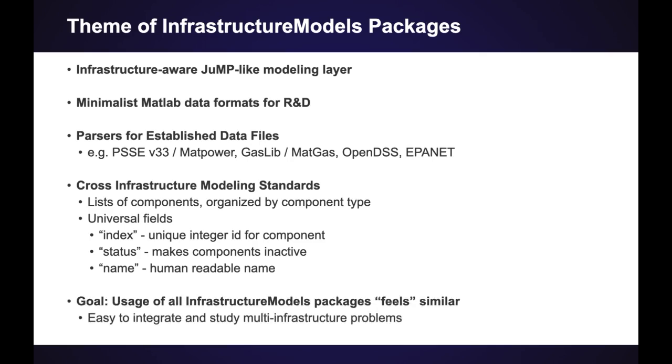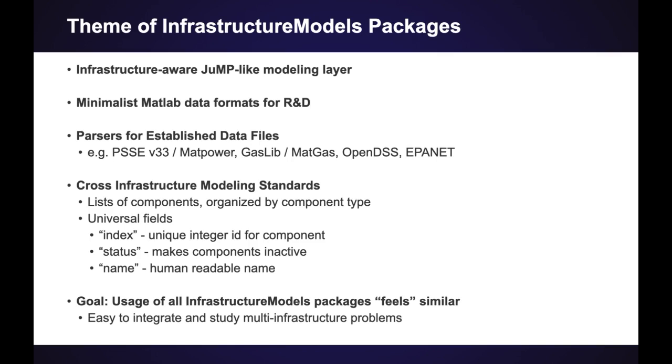And the goal here is that all of these packages independently on their own would feel very similar in how you use them. So that if you pick up one infrastructure sector in this ecosystem, it would be fairly easy to reuse that knowledge to pick up another one.